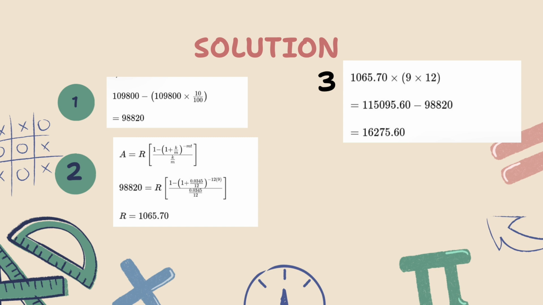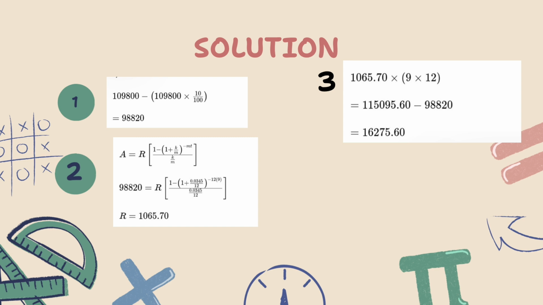First, I calculate the loan amount after the down payment: 109,800 minus (109,800 times 10%). The answer is 98,820 ringgit.